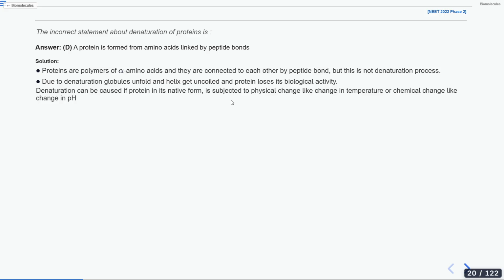Is it clear to all of you why the statement D is not correct? Because it is not related to the formation of protein. Instead of that, it is related to the uncoiling of the protein. Shall we move forward? Is it clear to all of you? Anyone has a doubt? Okay.